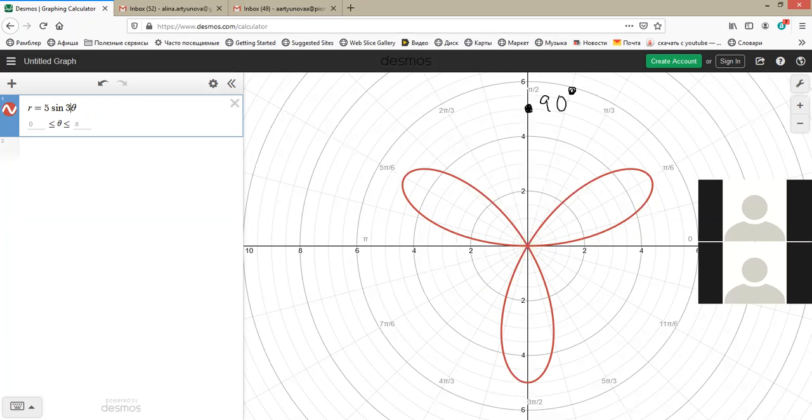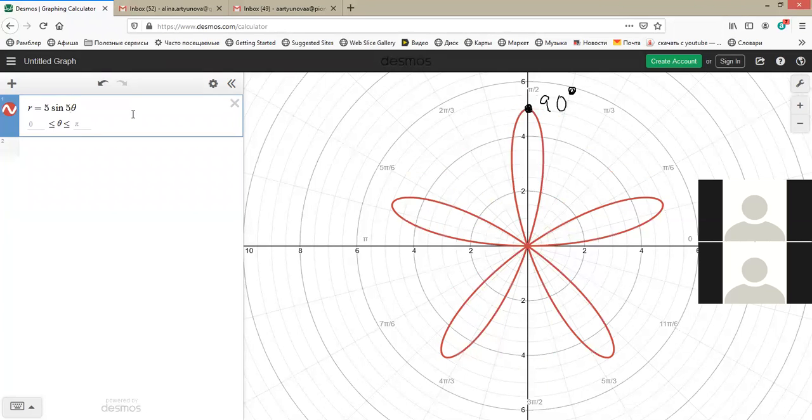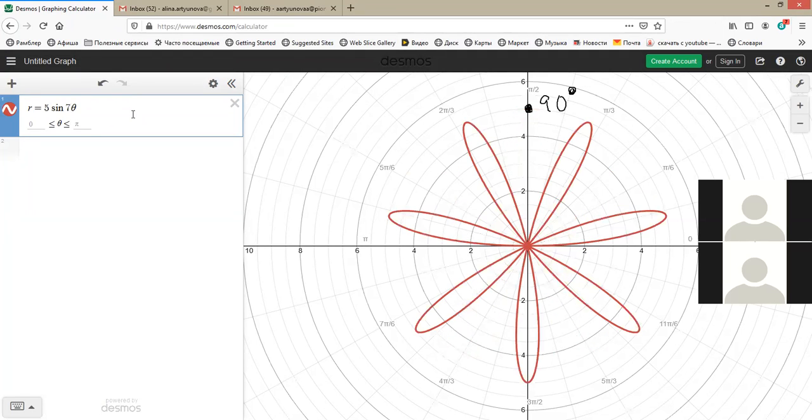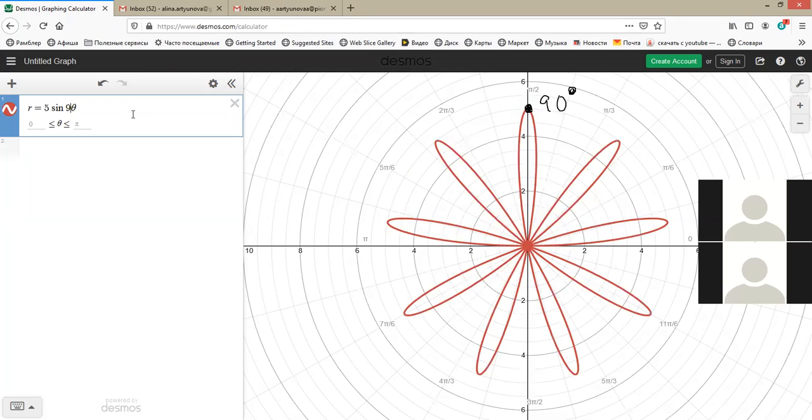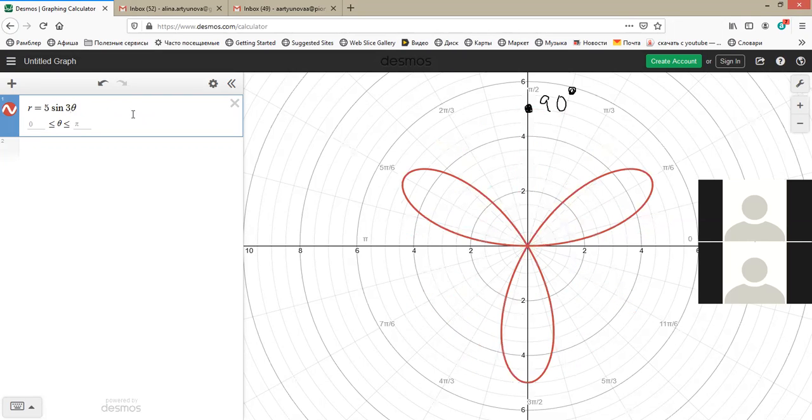It starts on the y-axis. Okay, how about 5 theta? It's also on the y. How about 7? Also on the y. Anything not on the y? Okay, looks like on the y-axis. Why? But where? Up or down? That's another question. Can I be sure where exactly it starts?